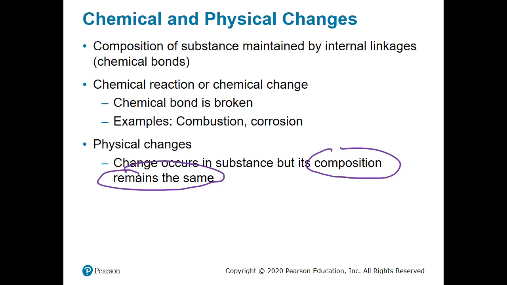In a physical change, we are going to see the redistribution of energy. We are going to see some sort of energy change. We are going to see some change in the way that the substance is interacting with itself, but we're not going to see a change in the substance itself. Its composition is going to be exactly the same afterwards.